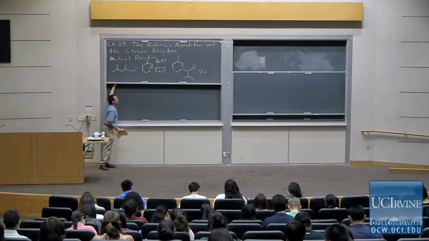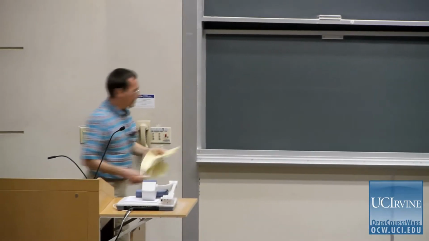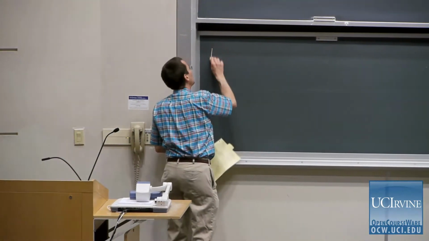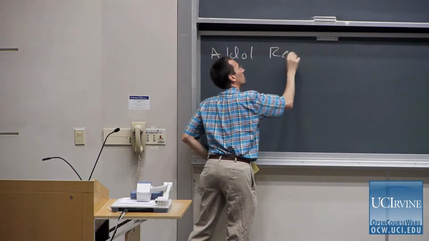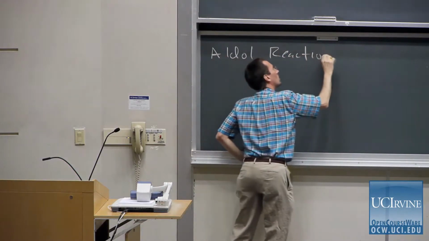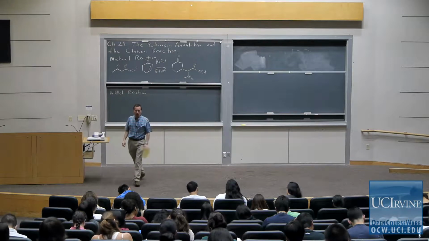Another reaction we learned last time was the aldol reaction. And we learned it in lots and lots of different forms. I started off by teaching the directed aldol reaction.